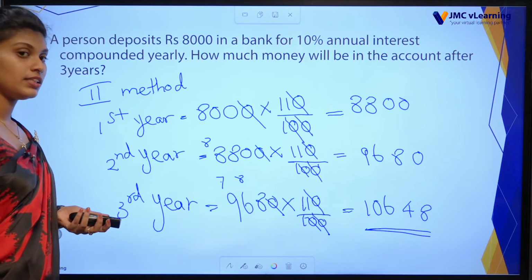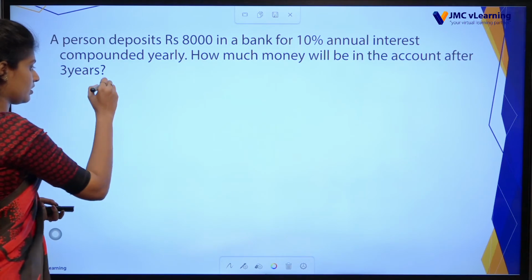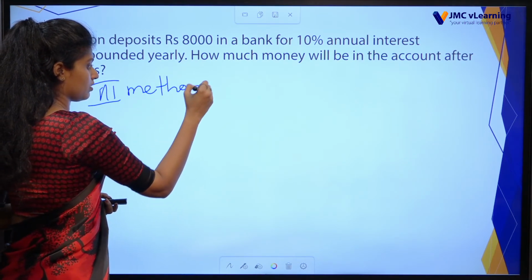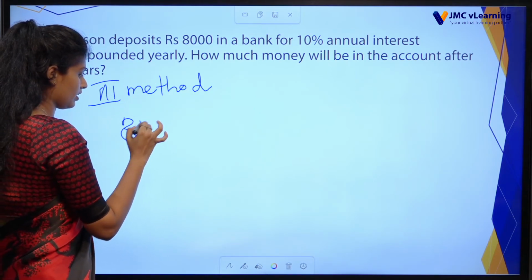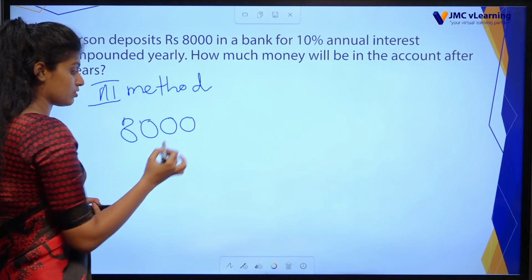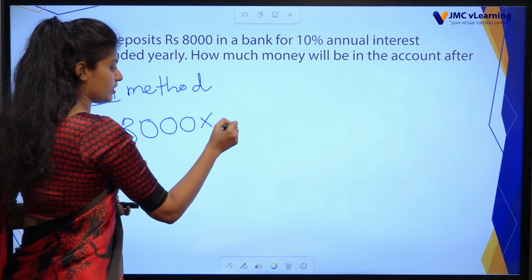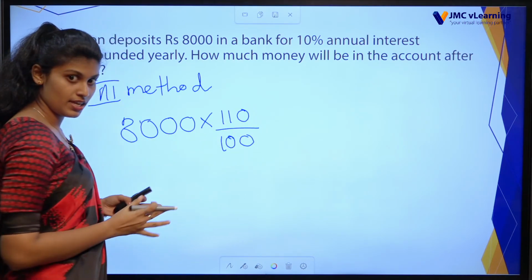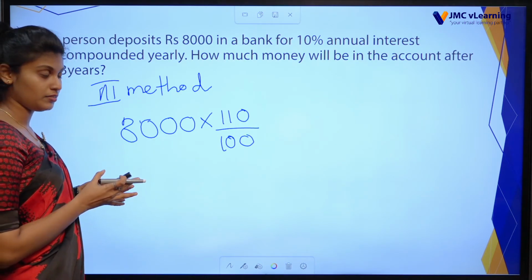Now we will see the third method. That is the easiest method. The first year amount is 8,000. When we multiply it by 110 over 100, we can take the money after 1 year.